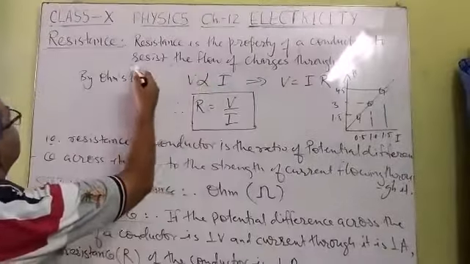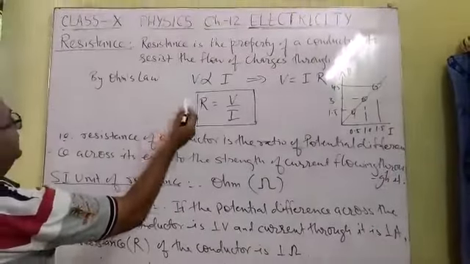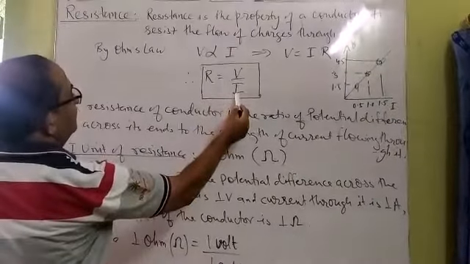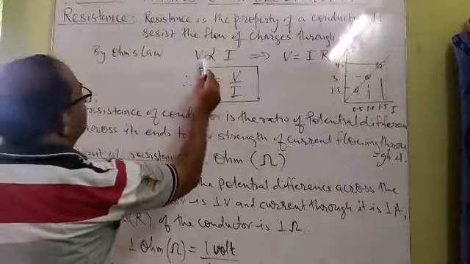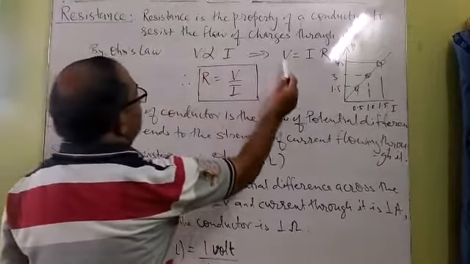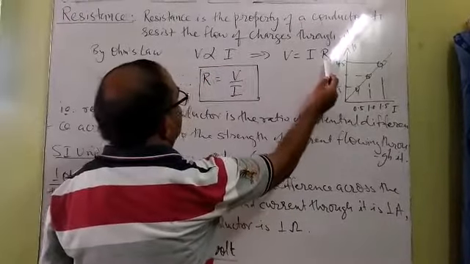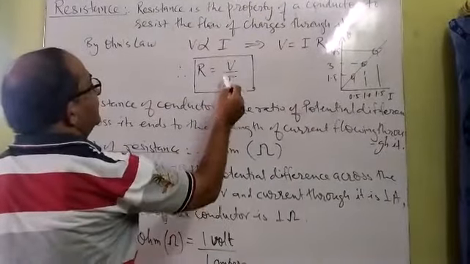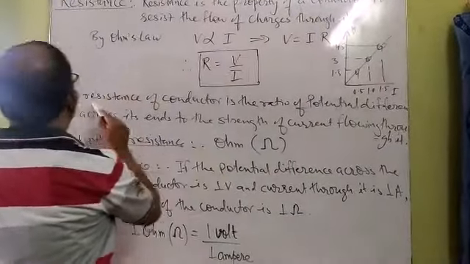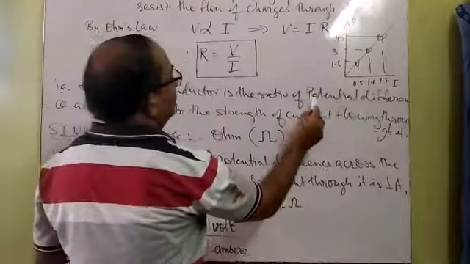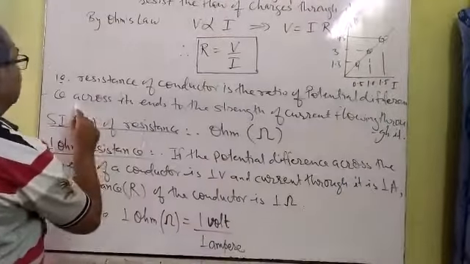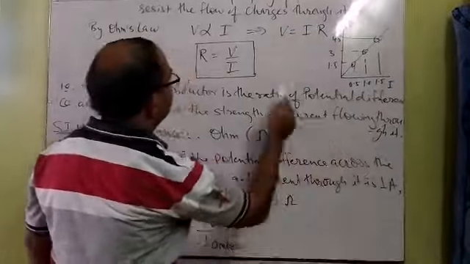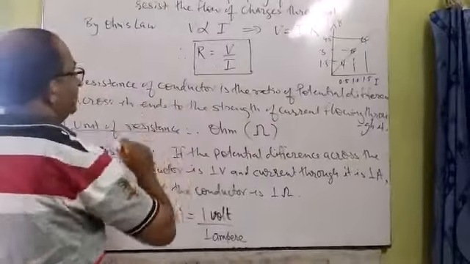It is called resistance, and this resistance can be measured with the help of the ratio of V and I. Because Ohm's law states that V is proportional to I, so V is equal to IR, where R is the constant, or we can say R is equal to V by I. So the resistance of a conductor is the ratio of the potential difference across its endpoints to the strength of current flowing through it, meaning V upon I is equal to R.